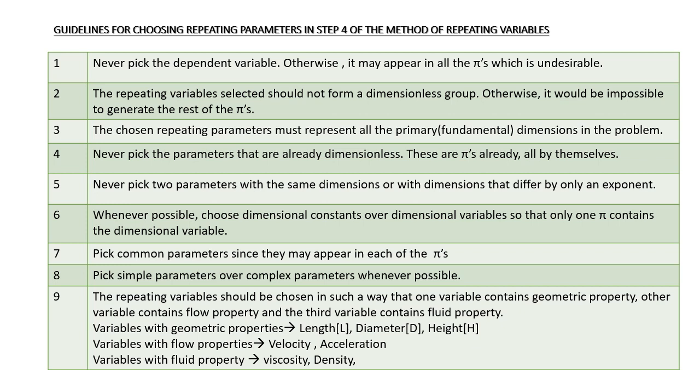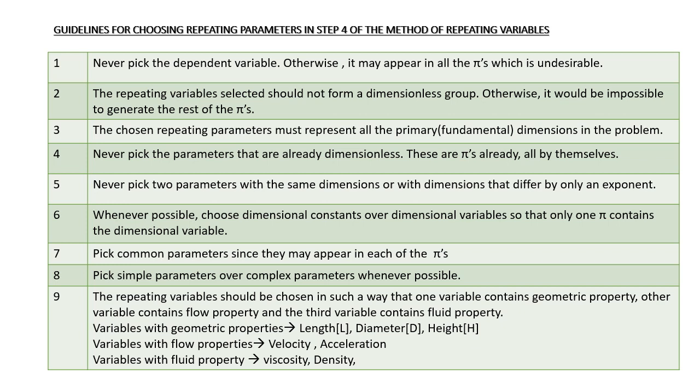That is also given in rule number 4. Never pick parameters that are already dimensionless. These are pi terms already by themselves. Next, never pick two parameters with the same dimensions, or with dimensions that differ only by an exponent. For example, there are diameter and length.